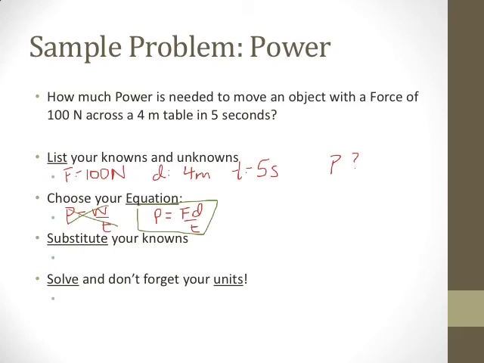So power is going to be equal to 100 times 4 over 5, or 400 divided by 5, which gives you 80. And what was that new unit we just learned? Watts, or W. Or even Newton meters per second. Whatever your preference is, none of those would be incorrect.